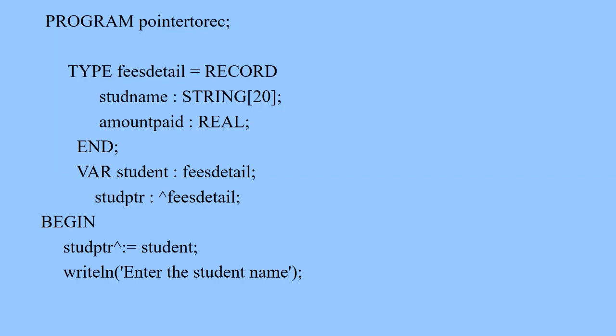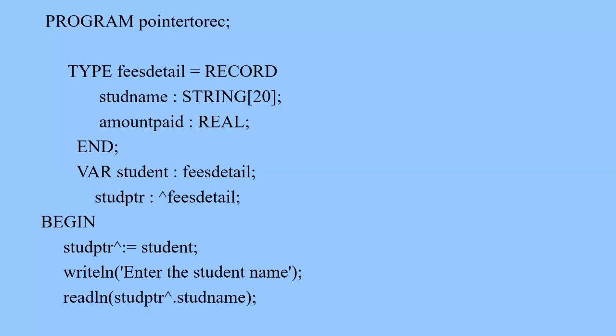So you request the user to enter student name, and whatever is entered is picked and then stored in the memory location of the record being pointed to by the pointer called student pointer for that member.